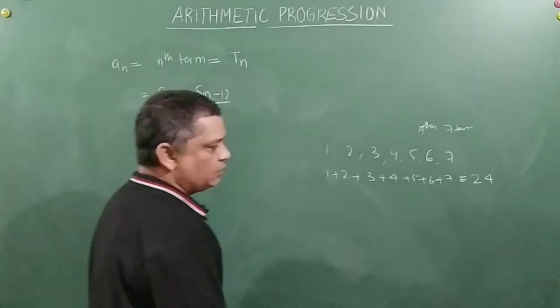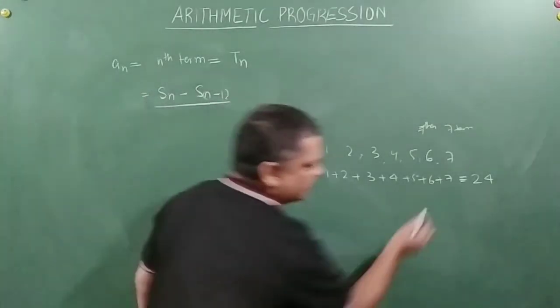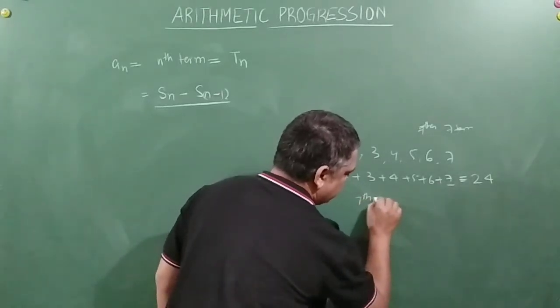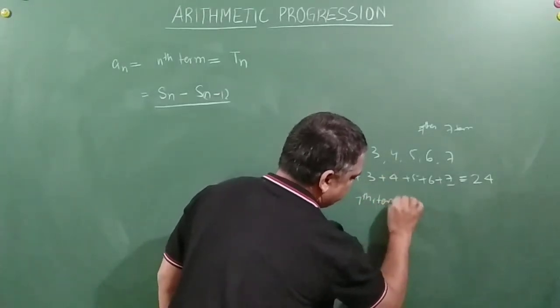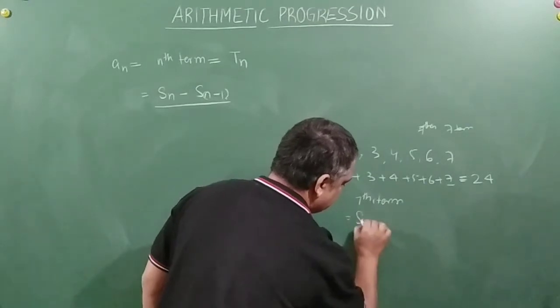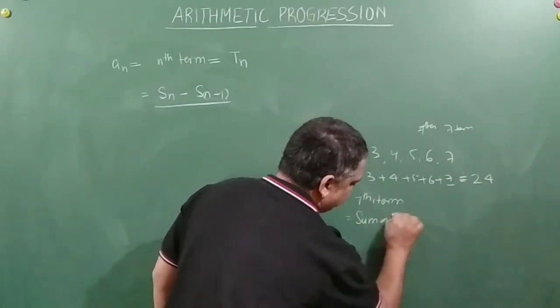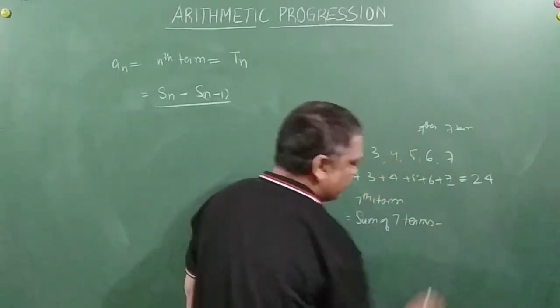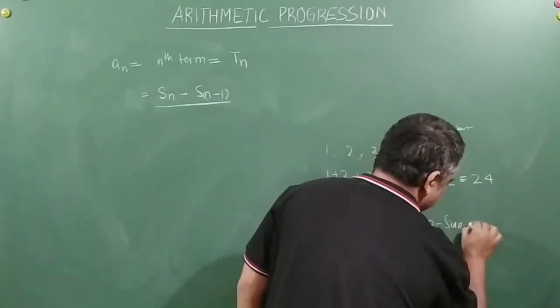Right. Now what I am saying is that this term, that is the seventh term, can be written as the sum of 7 terms minus the sum of 6 terms.